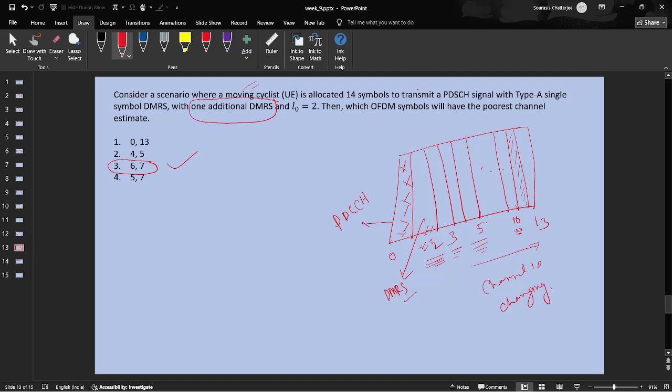So the idea is, when they ask us to find the symbol which has the poorest channel estimate, we have to see, as far as possible, from which symbol your DMRS has come.